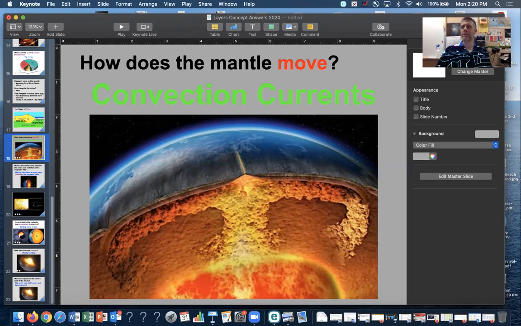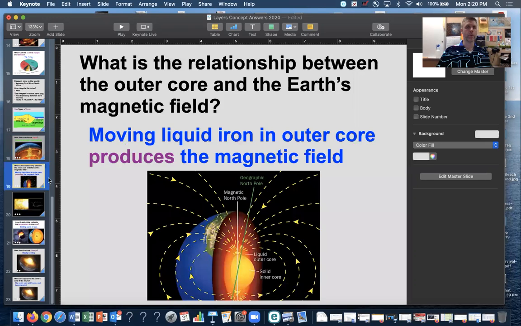Number 11, what is the relationship between the outer core and the Earth's magnetic field? The moving liquid iron that's in the outer core produces the magnetic field. So the outer core generates the magnetic field. It makes the magnetic field.